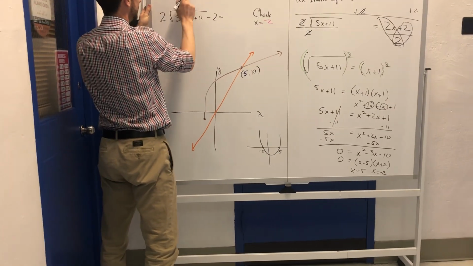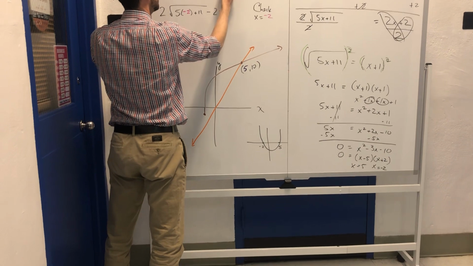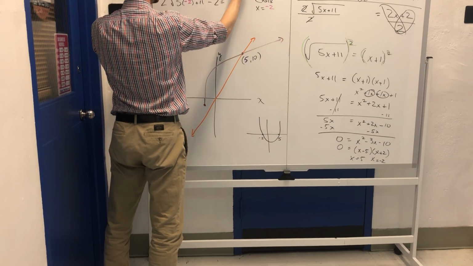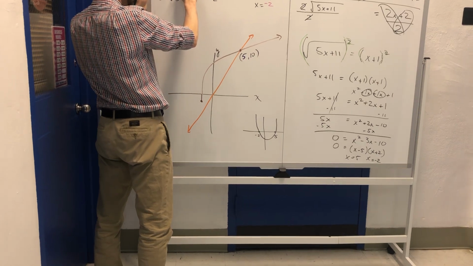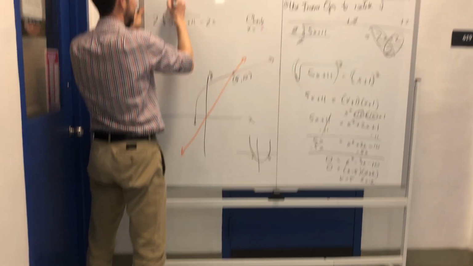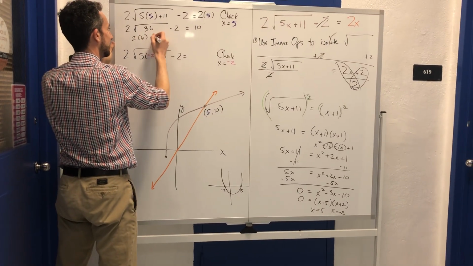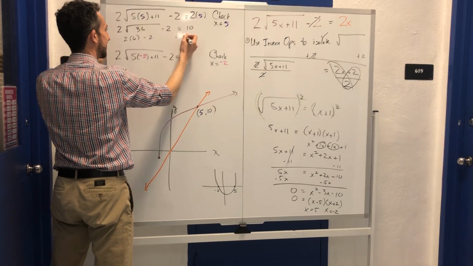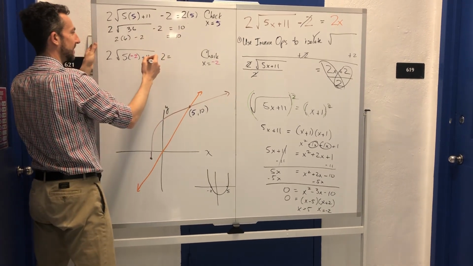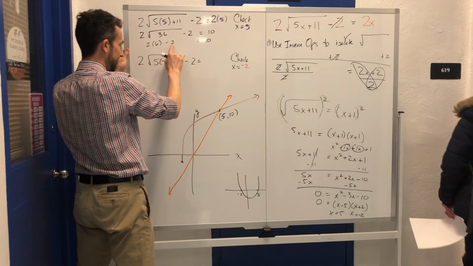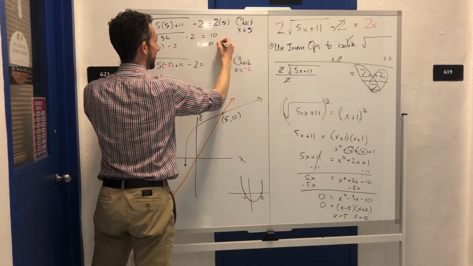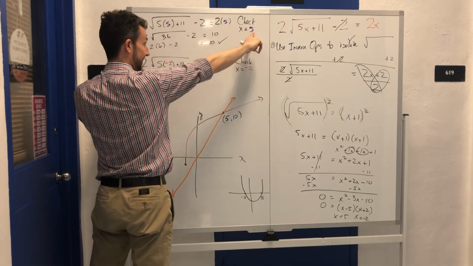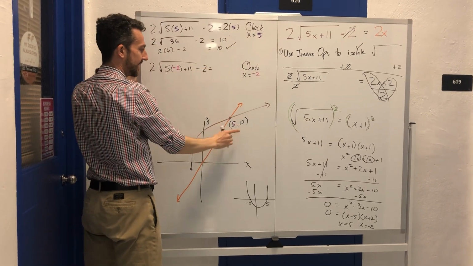So 2 times the square root of 36 minus 2 equals 2 times 5, 10. The square root of 36 is 6. So this is 2 times 6 minus 2, and we're asking, does that equal 10? This is 12 minus 2, which is 10, which equals 10. So x equal 5 is good. It works, and that's what we expected.